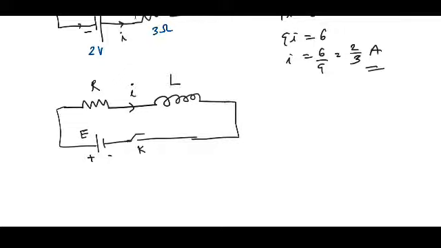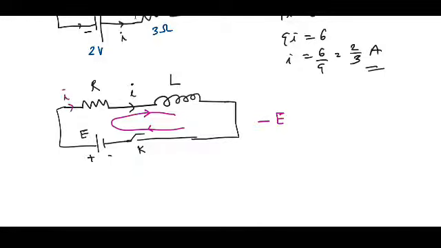Okay, when the key is pressed, a current starts to flow through the circuit. That is, I take this as the direction of the path. Then while going along the path, I see the battery terminal negative first. Therefore, this is a minus E. Then I reached here, the current is in the same direction as the path.